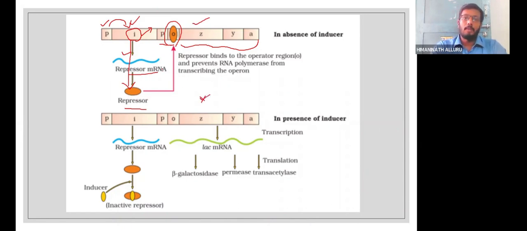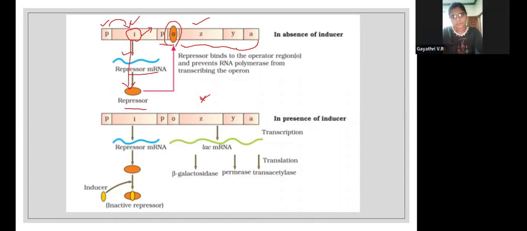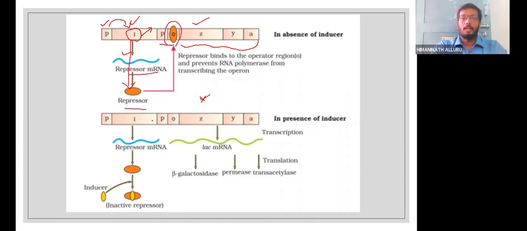If the repressor binds to the operator region, then transcription of the structural genes will not happen. If the repressor does not bind, if the operator is free, then transcription of these three structural genes is going to happen. Who decides the blocking of the operator by the repressor? It is the inducer. The inducer here is lactose.